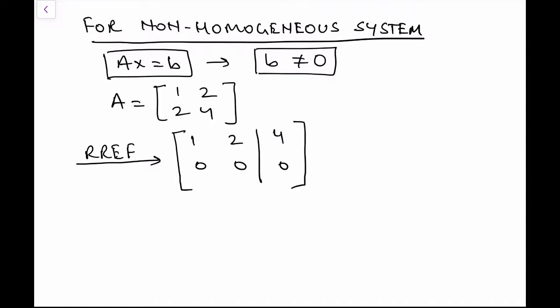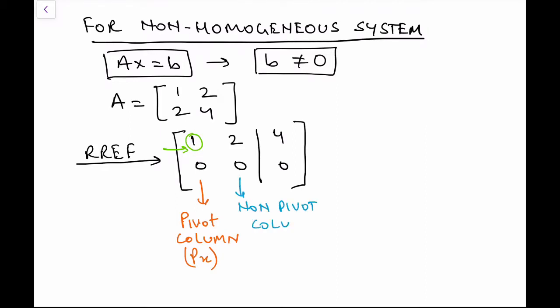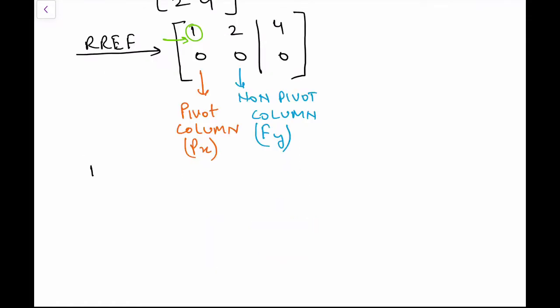Then the leading entry for the first row is 1, so this is the pivot, and the first column is the pivot column because the pivot is the only non-zero entry in this column, and the second column is a non-pivot column. So y is a free variable here.